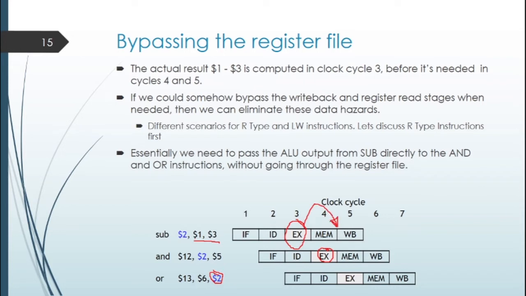Why? We cannot use the output of EX, because the output of EX will now have the value of the AND operation in the last instruction.